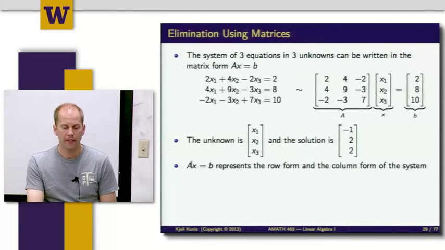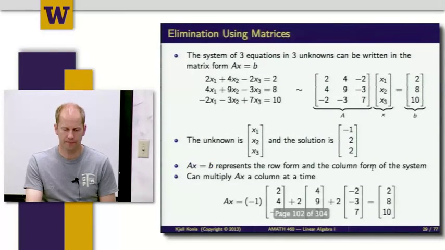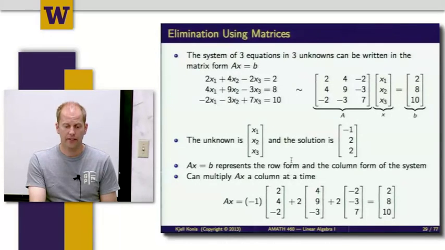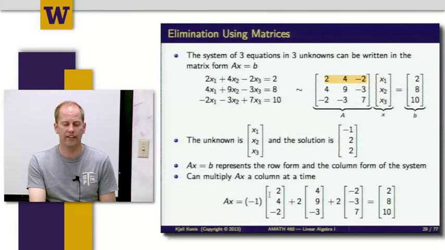And so now if I think about this as a matrix formula, Ax equals b, that's both the row form and the column form of the system. So I can either think of this as a dot product. If I do the dot product of each row with this solution, we'll see that we get 2, 8, 10. And I can also think of this as multiplying A times x as a linear combination.